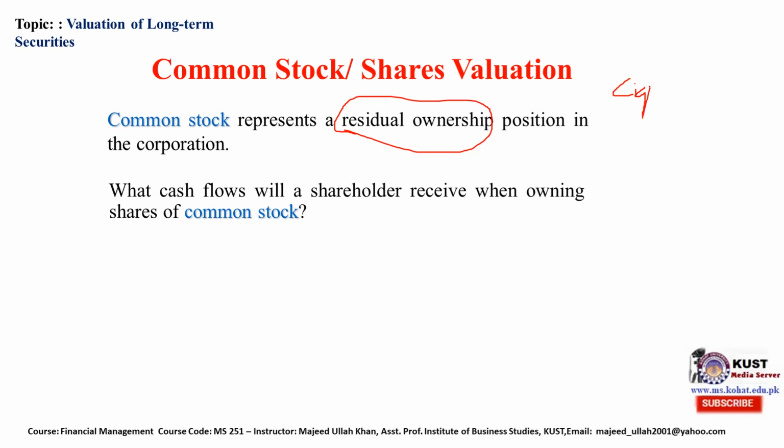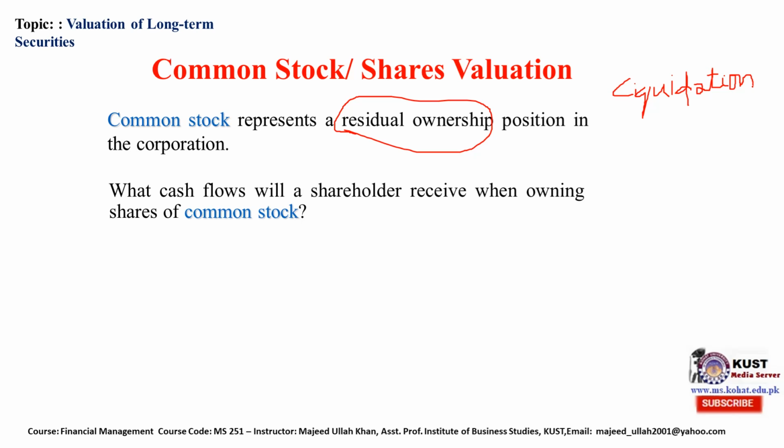this owner's claim will come after paying each and every individual claim holder. Let's suppose in case of liquidation, the company becomes liquidated and the liquidator starts selling its assets gradually.